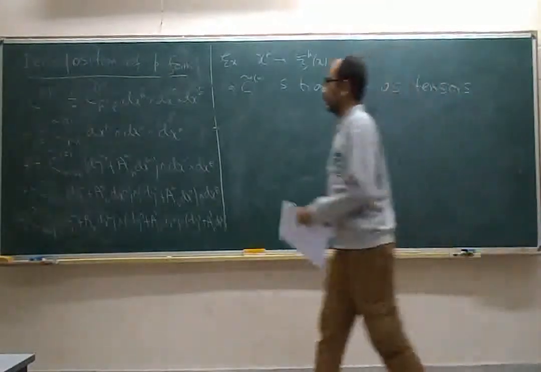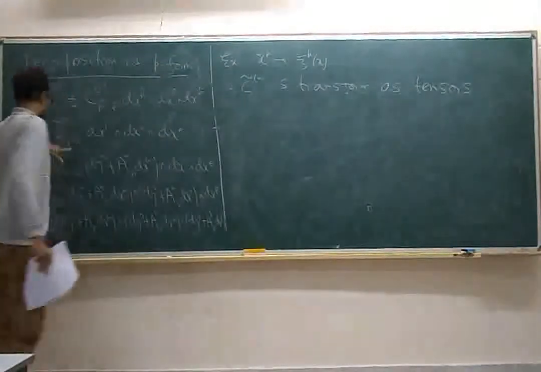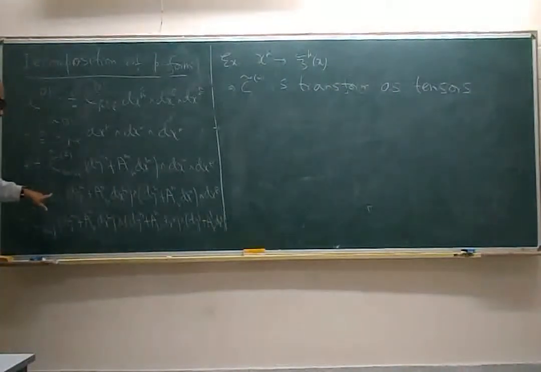This will transform as a tensor of rank 3, this as a tensor of rank 2, this as a tensor of rank 1, and this is a scalar. It's not hard to see, right?